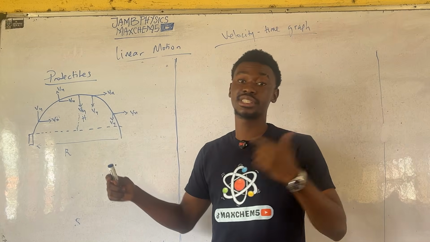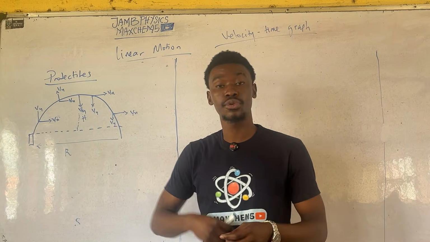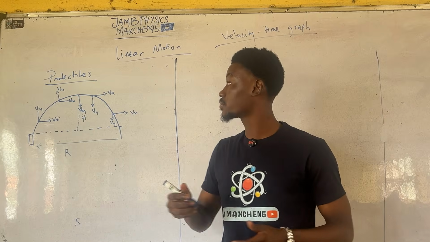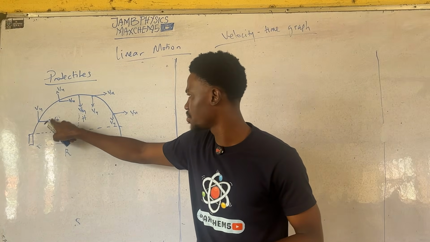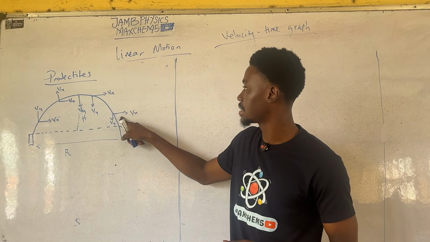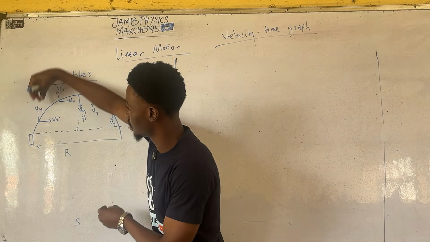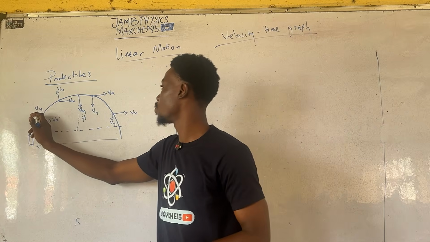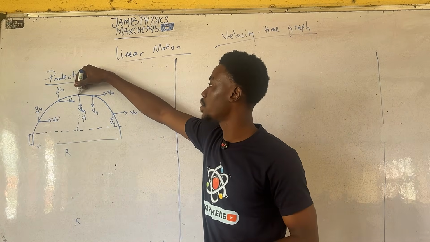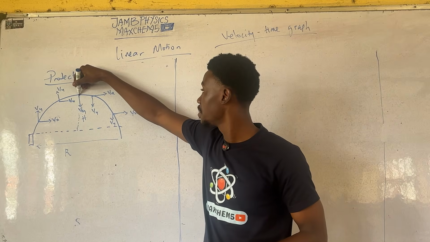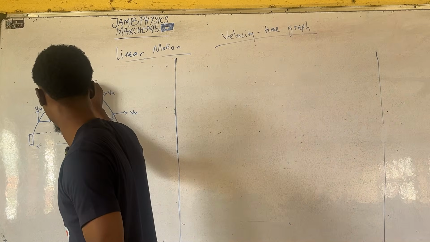Like I defined projectile earlier, I said it's an object thrown into space and left to move under the influence of gravity. You can see how the horizontal component of the velocity remains constant throughout its flight, but the vertical component changes. Here it was going up. Here, at this particular point, at the maximum height, its velocity is 0.